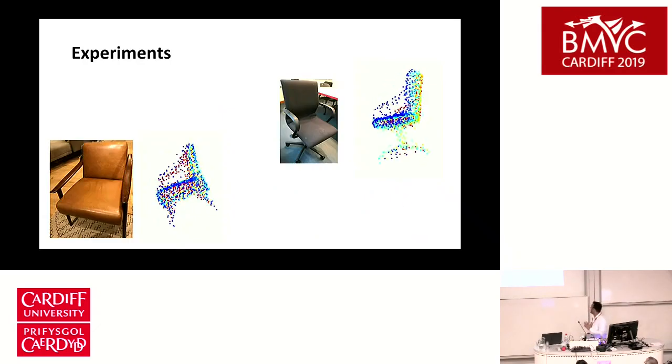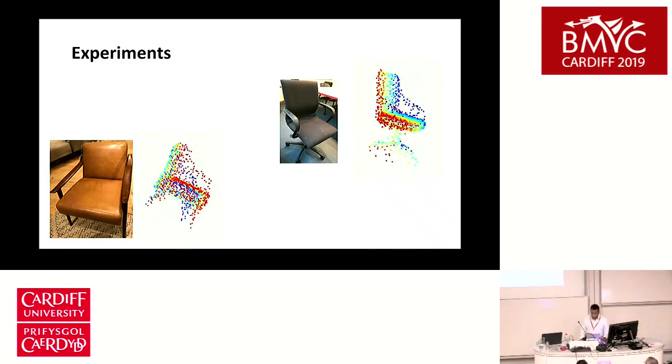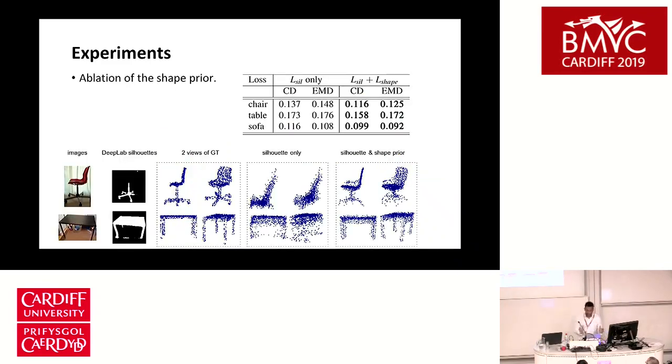Here are some more instances of our 3D reconstruction visualized from different views. But the more important thing I want to tell is that we show through our ablation study how important it actually is to learn a probabilistic prior and use it appropriately in the context of 3D reconstruction. We do that by dropping our log likelihood term, which I was talking about, and creating a baseline which only relies on silhouette consistency.